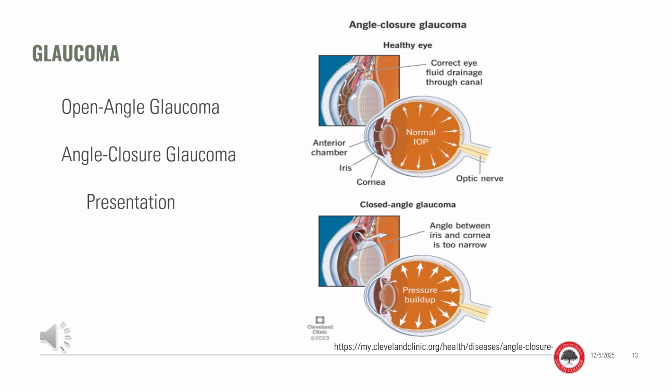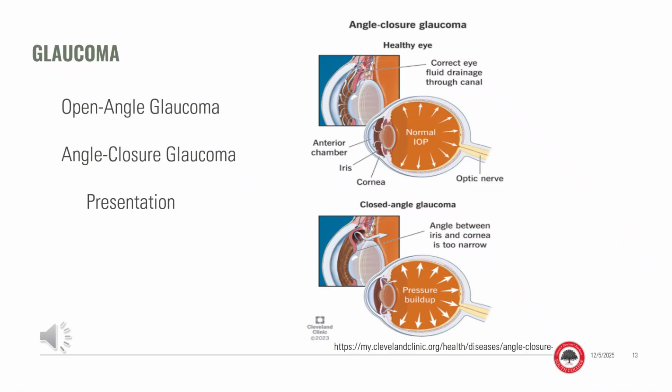Open angle glaucoma is by far the most common type and is characterized by a chronic progressive disorder, but it does cause optic nerve damage and associated vision field loss. It typically has good prognosis if it's recognized early and treated, but angle closure glaucoma, on the other hand, may have subacute and chronic components, but it's most often associated with acute episodes of significant eye pain, redness, and acute visual loss, which if untreated may rapidly lead to permanent blindness.